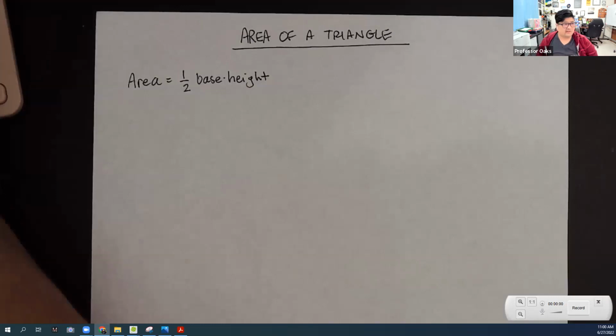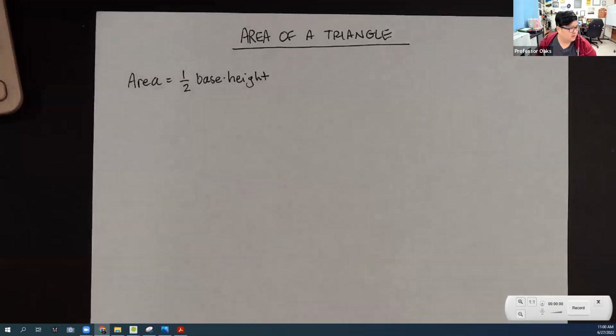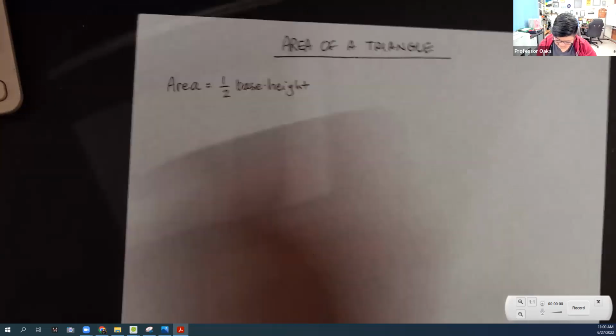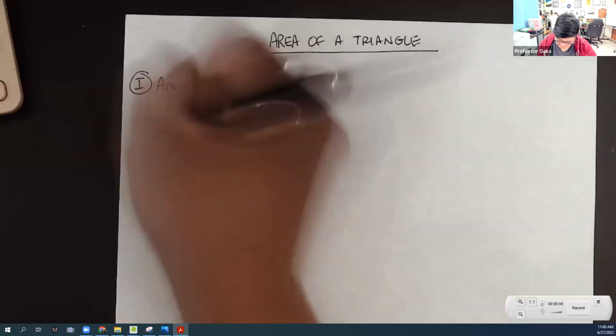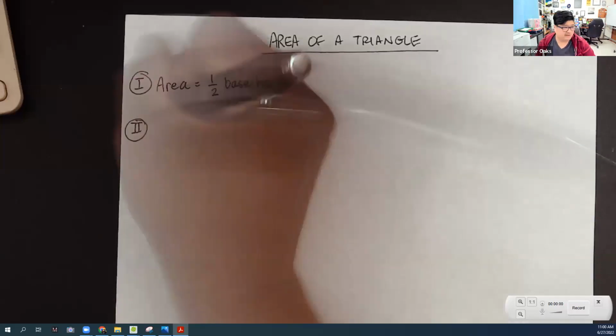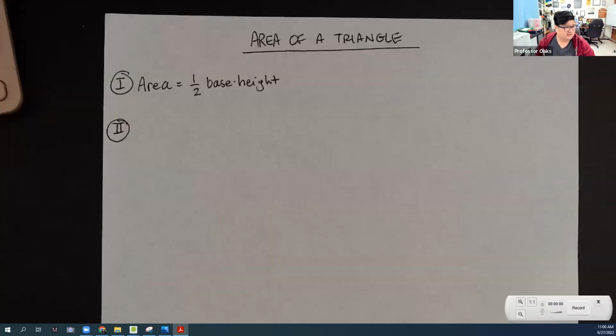But there are other ways. I'm looking for the diagram of it, but I'll just draw it for you. All right, so that's method one, the original way that everyone always learns.